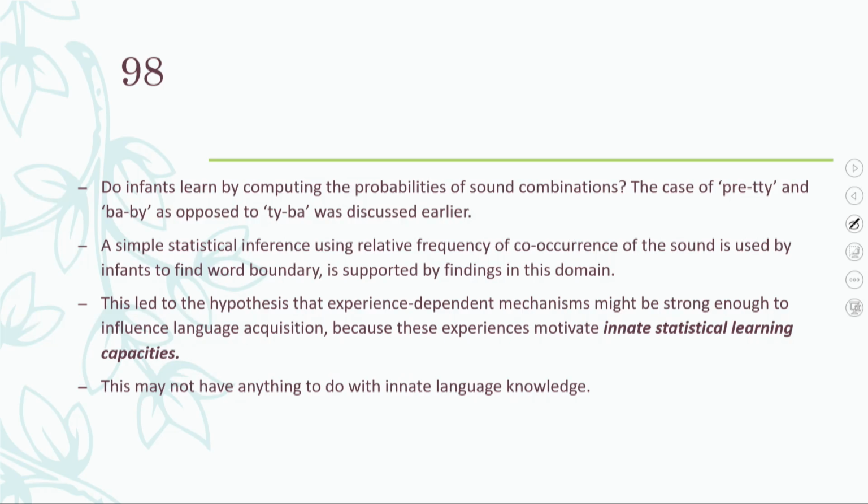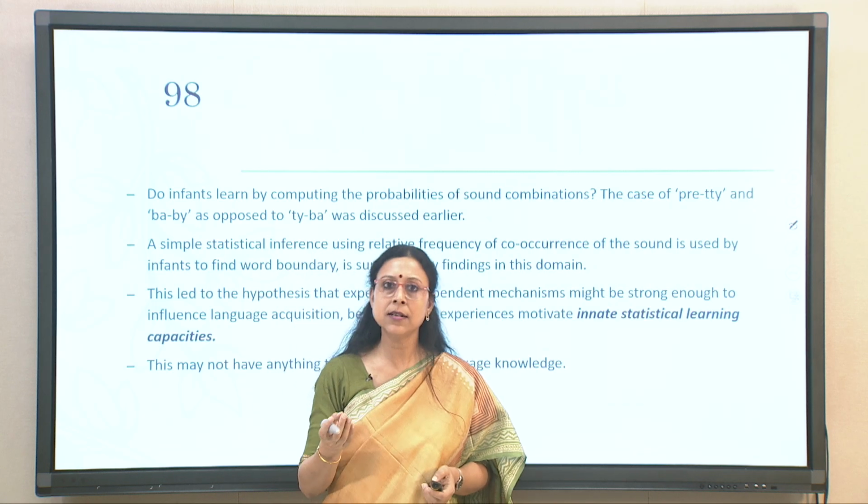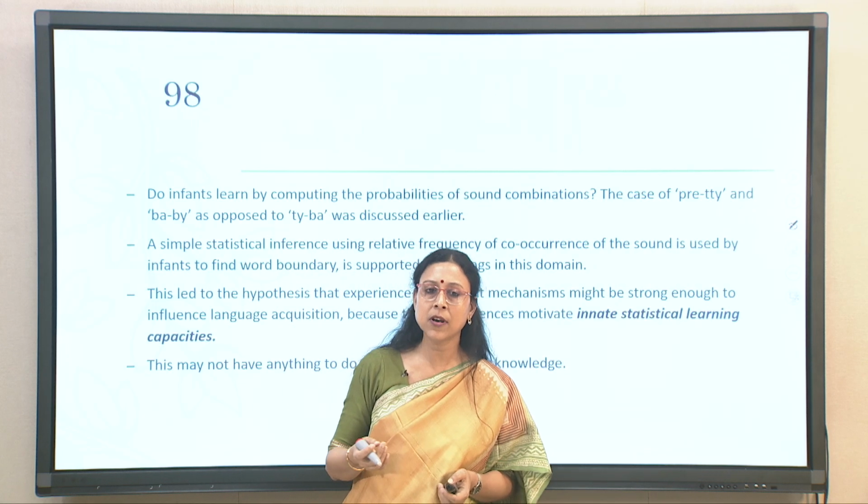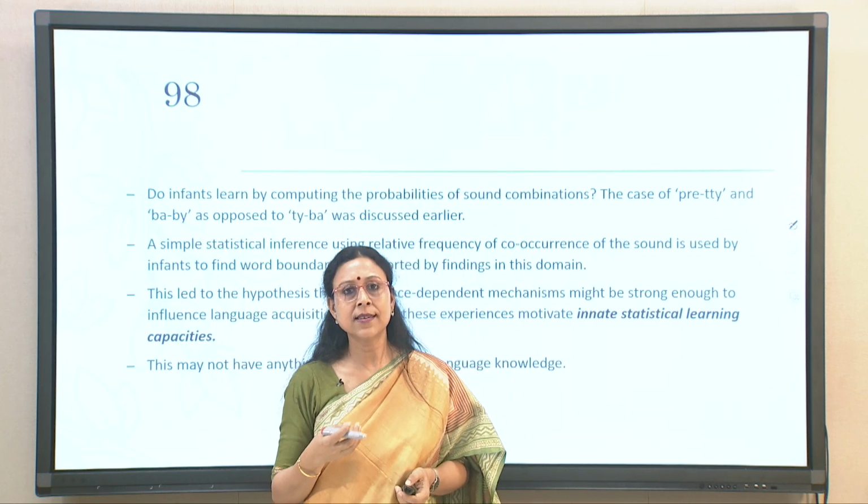This has been an old question, and there are very interesting findings; it seems like children are statistical wizards to some extent. In the case of "pretty baby", "pre" and "t" occurring together will most of the time mean a word-internal combination, versus "t" and "babe", which is an inter-word combination.